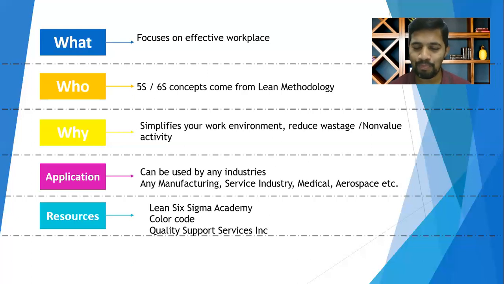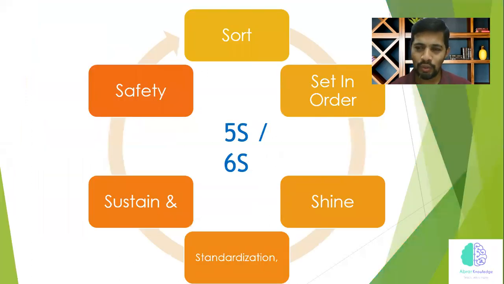Just to give you background, 5S or 6S. The first S is sort, the second is set in order, the third is shine, the fourth is standardization, the fifth is sustain, and we have something called safety as well.